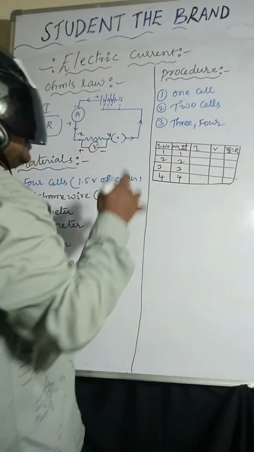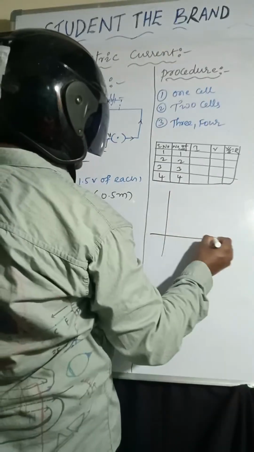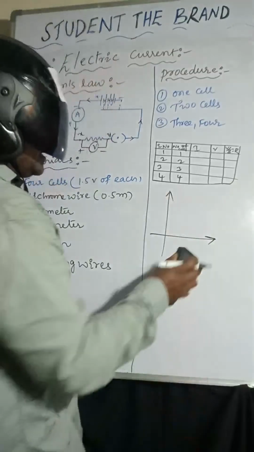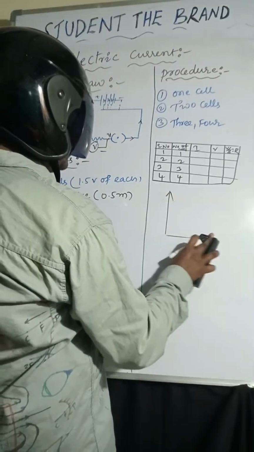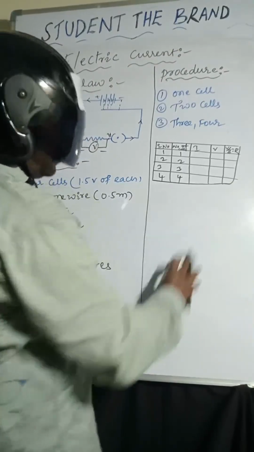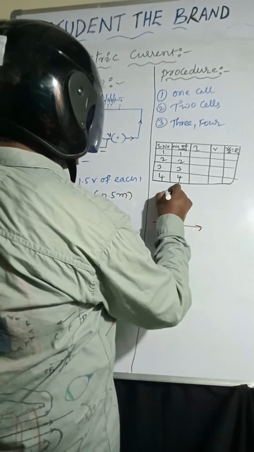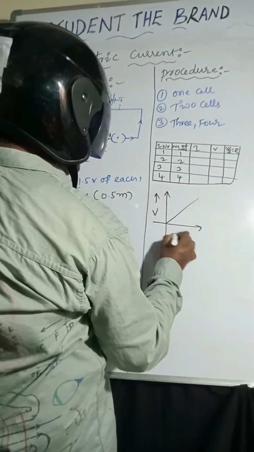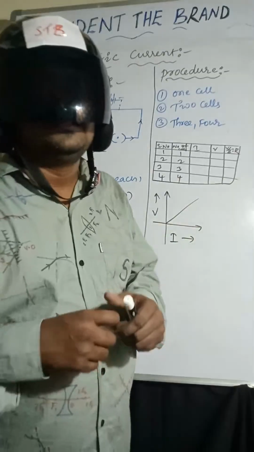Repeat the process for 3 and 4 and draw the VI graph. So V on the y-axis, I on the x-axis. The graph is linear.